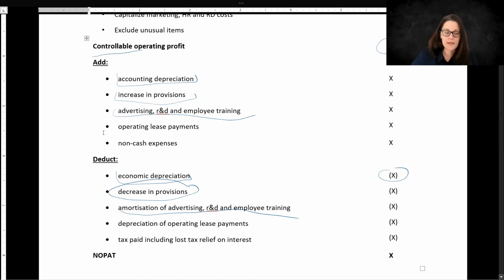We also need to capitalize, to add back operating lease payments, and then we would need to depreciate these operating lease payments. You can say, okay, but IFRS 16 now says that those who lease something, who take this leased asset, do not have operating lease or finance lease. There is just a single way the accounting is made for the company that leases this building or this machinery.